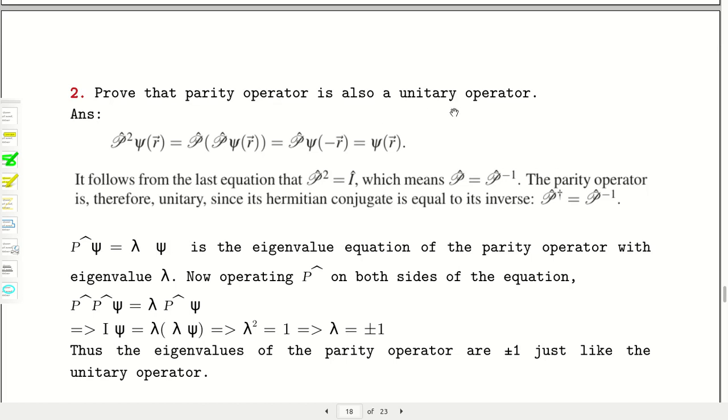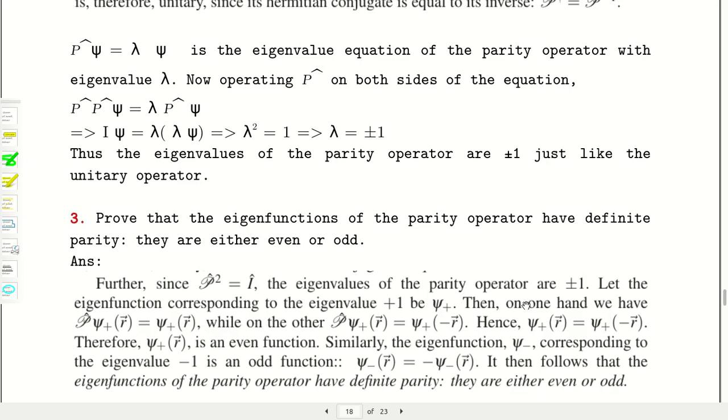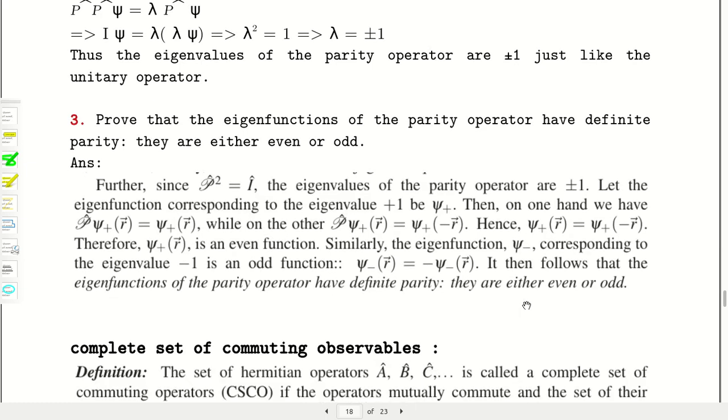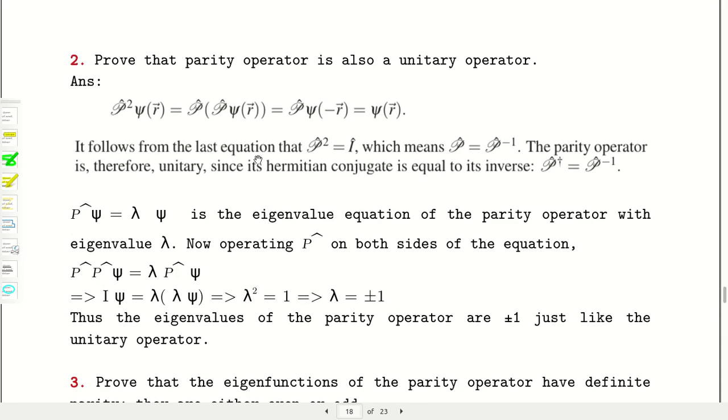Now it is also a unitary operator. You can prove it in a very simple way, and I am leaving this up to you to understand. And now it is very interesting that you can prove that the parity operator is its own inverse.